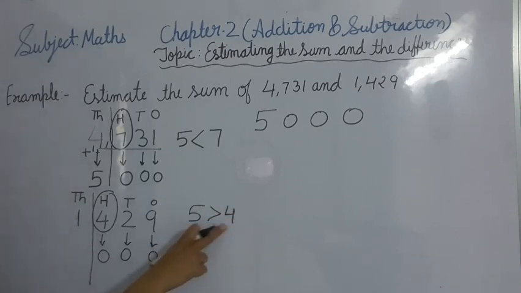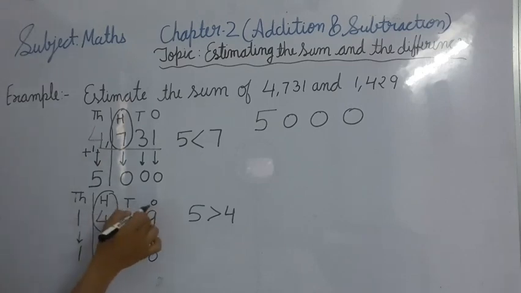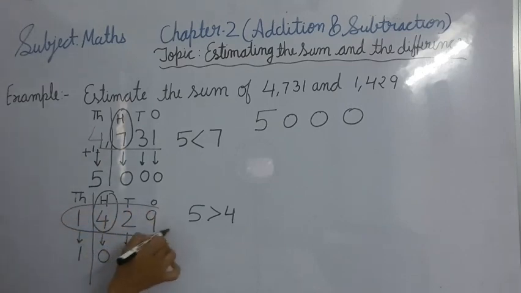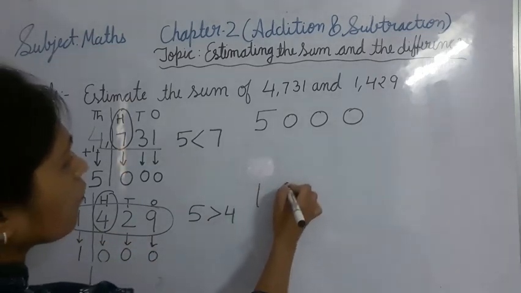So what will we do? We will not change the next number. The thousands place remains the same. It is called round down. So we'll write the same number here because it is less than 5. We'll not change the thousands place. So in place of 1429, you can write 1000.